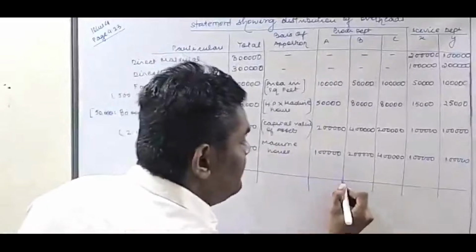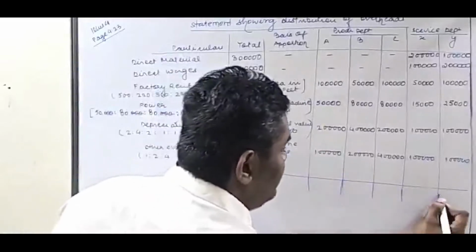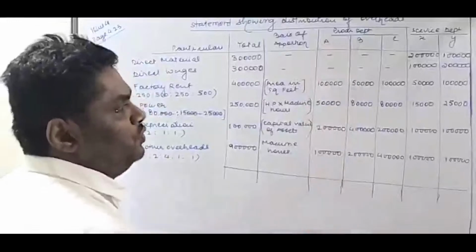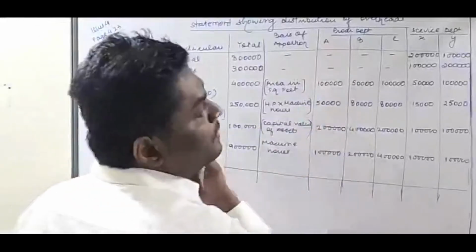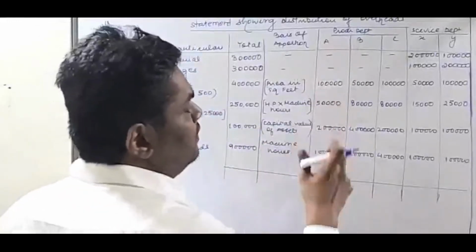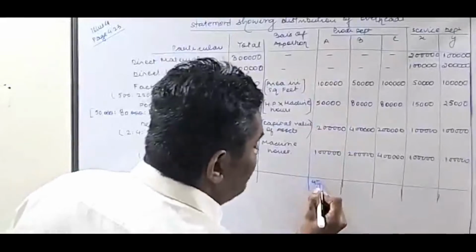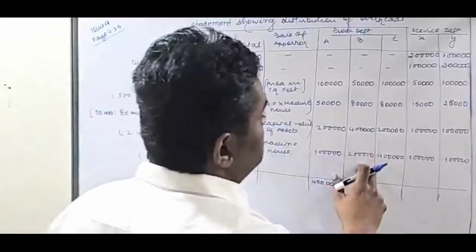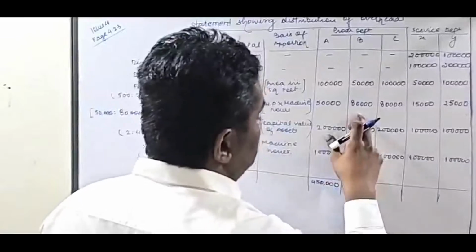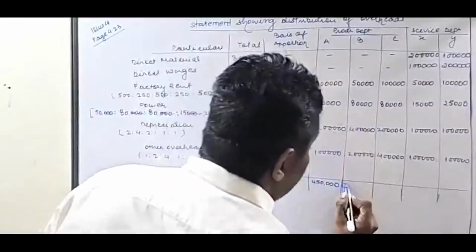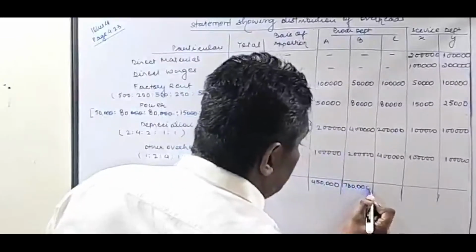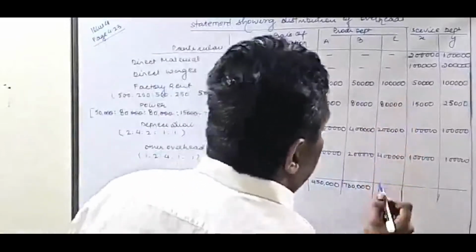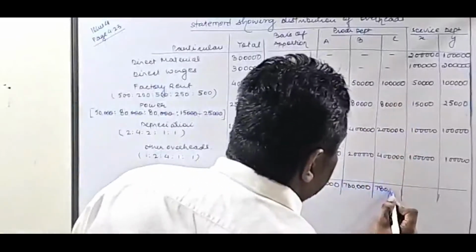So this is how we will get the total overheads of the various production departments and service departments after distribution. So this will be 4,50,000. This will be 7,30,000. This will be 7,80,000.